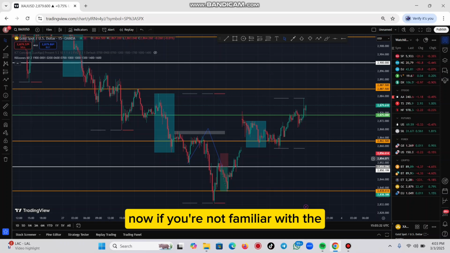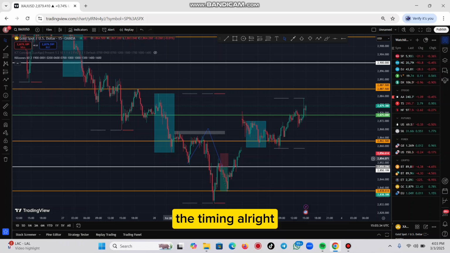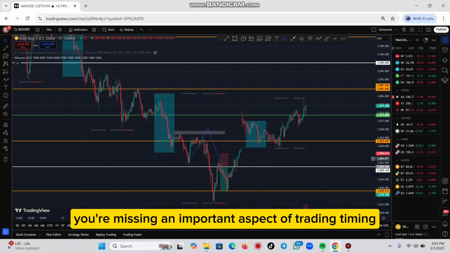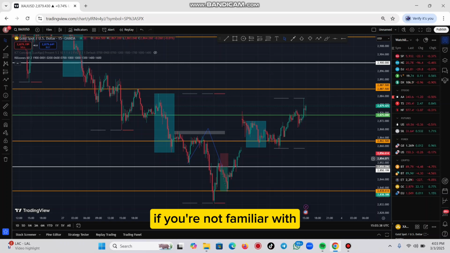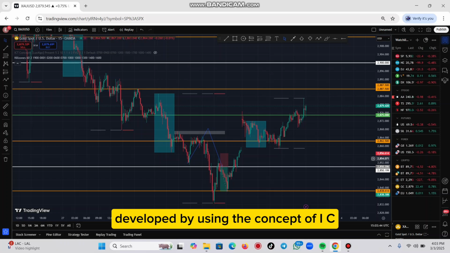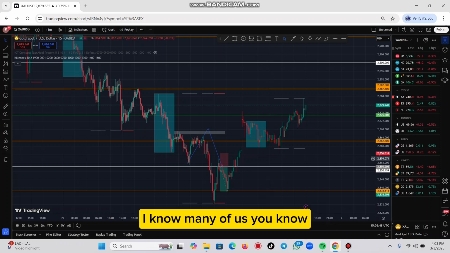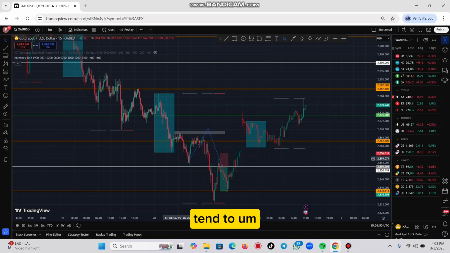If you're not familiar with the characteristics of market sessions and simply execute trades at random times throughout the day, you are missing an important aspect of trading: the timing. I'm going to share a powerful key zone trading plan developed using the concept of ICT, guys.